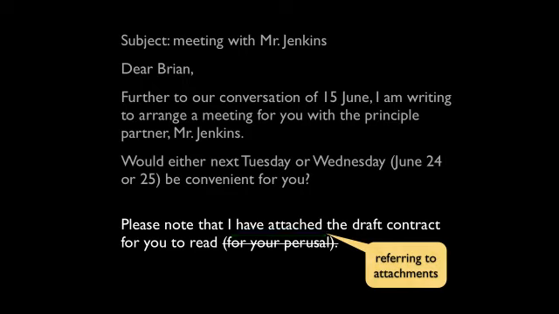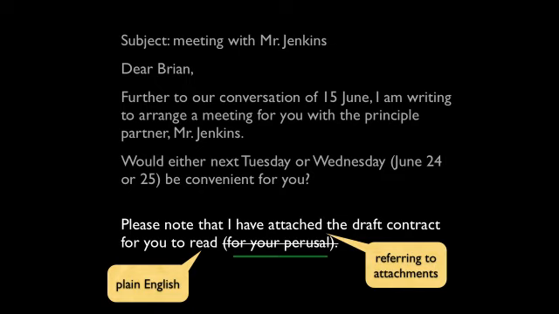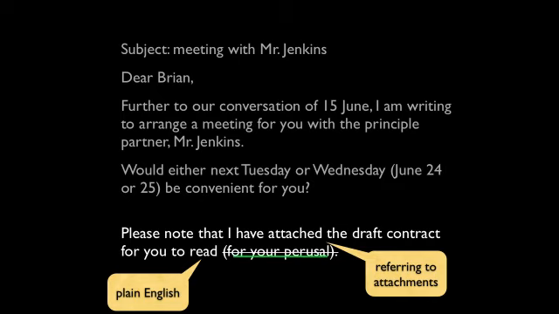We need to make sure that our language is still clear and easily readable, that is, in plain English. In formal writing, sometimes people become too complicated. For example, some people might write, "I have attached the document for your perusal," which is a very poor way of saying "for you to read."